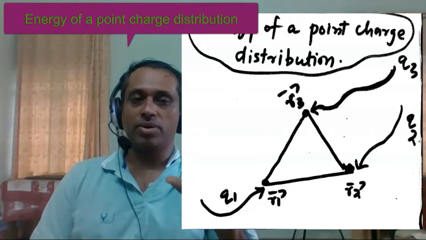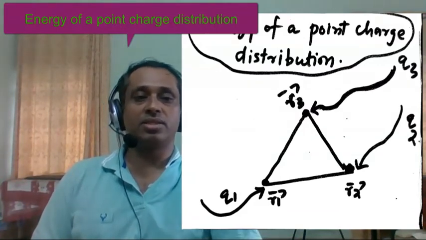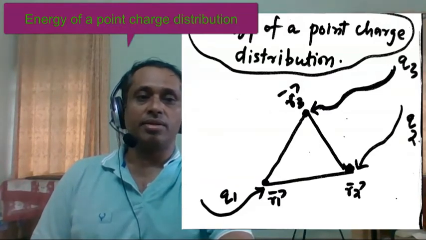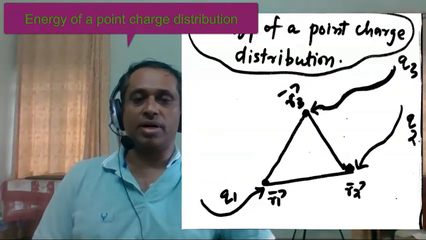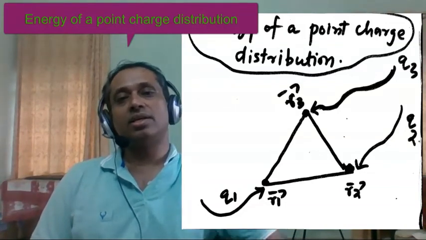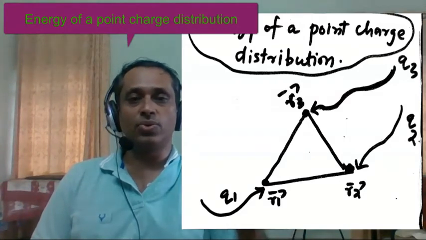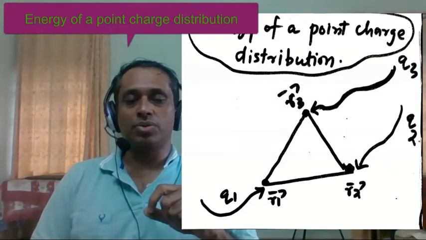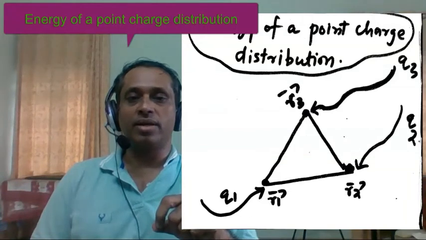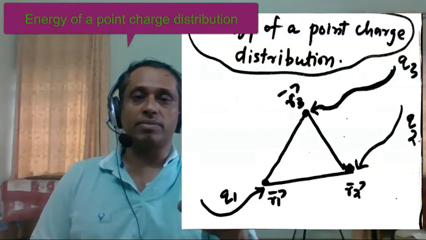What we are going to calculate is the work done in assembling these charges by bringing them from infinity one by one. We first bring Q1 and then we bring Q2 and then we bring Q3 and then we bring another charge Q4 and we calculate the work done.